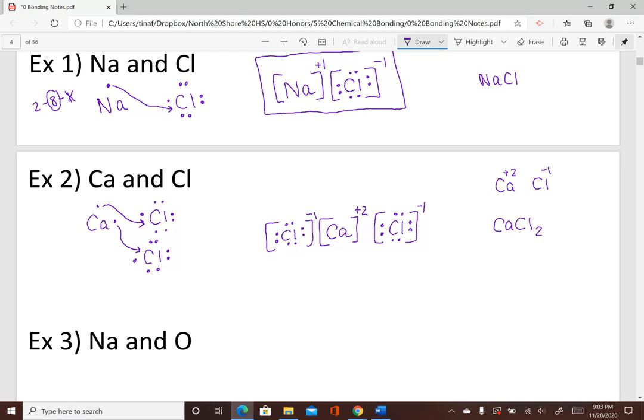So before drawing dot diagrams, we knew calcium can become a +2 ion and chlorine a -1. If you take those ion charges and you crisscross them and bring them down, you're going to get a 2 next to the chlorine and a 1 next to the calcium. That tells me I'm going to need 1 calcium and 2 chlorines for them to fit together.